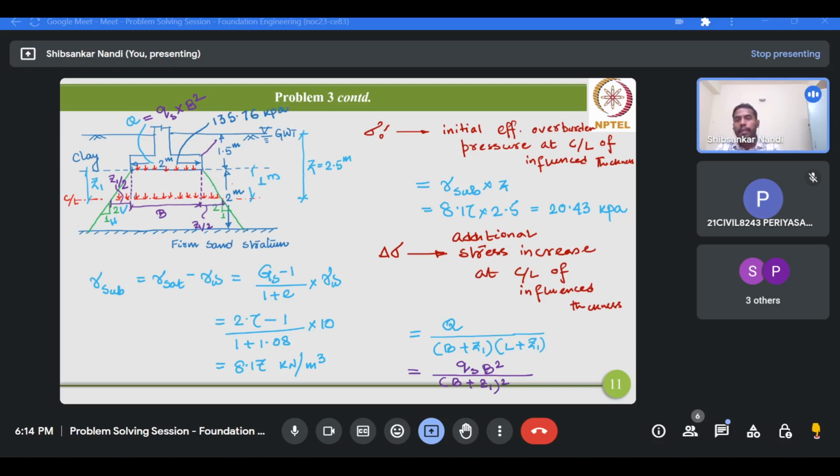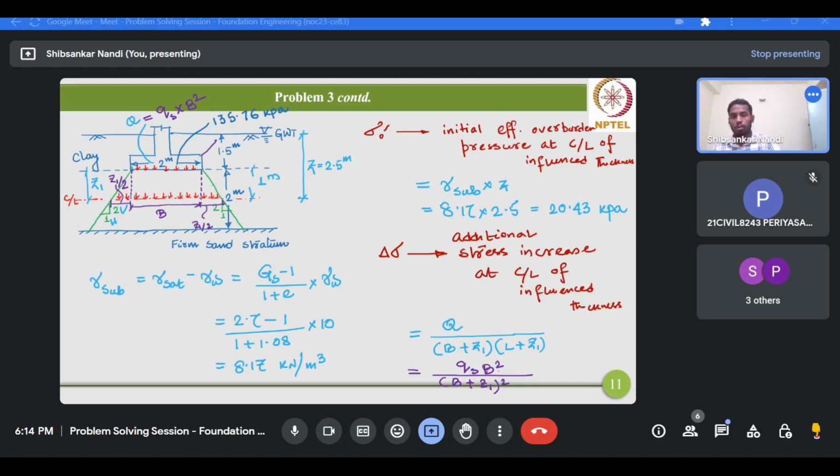Now, if this is the intensity of loading at the foundation level, obviously we can calculate the total load which is basically applied. So this is nothing but area multiplied by this intensity of loading. And if we divide this by this dimension B plus Z1 square, Z1 is basically any depth you can consider from the foundation level, you can basically get the distributed stress at that level.